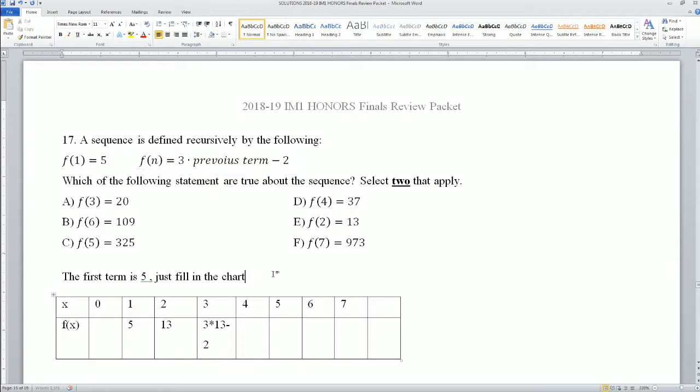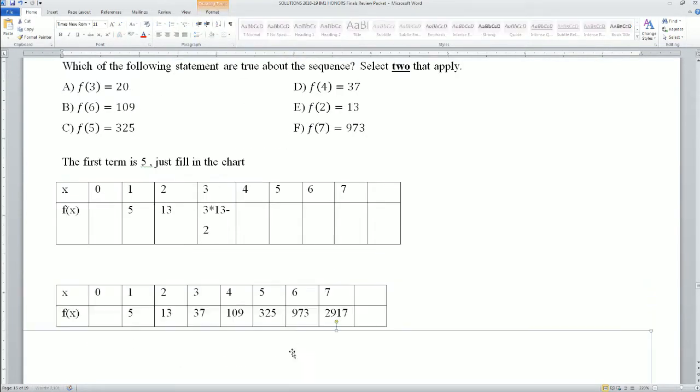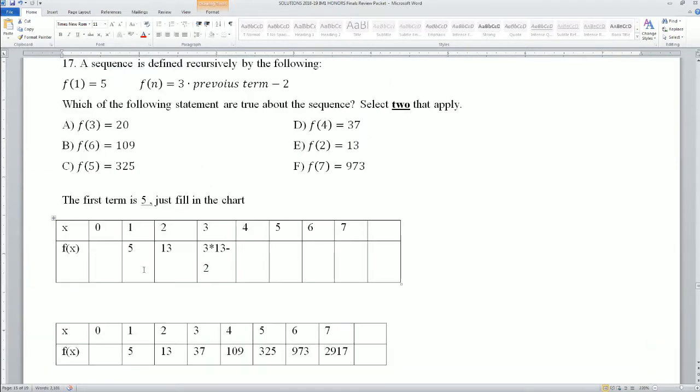If you do that, it should look like this. 1 is 5, 2 is 13, 3 is 37, 4 is 109, 5 is this, 6 is this, and 7 is this. Select 2 that apply. I think there's only 2 answers here. 2 is 13.